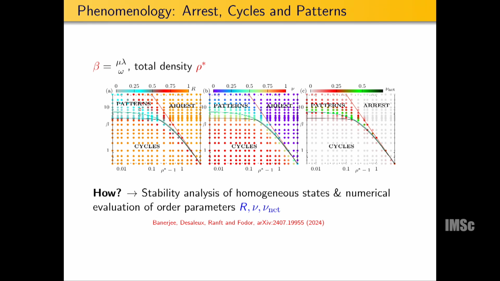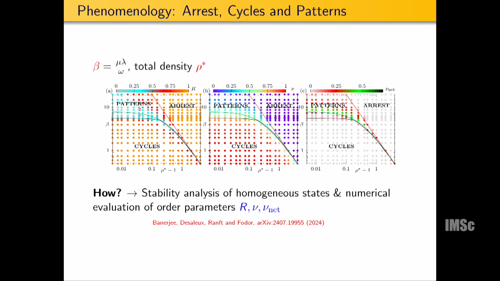Now in terms of these control parameters, I see there are three phases. One, for a given density, if you have sufficiently strong driving in the system, then you can have the states of global cycles. Global cycle means all the cells are doing this oscillation in a synchronized manner. So they are all contracting and shrinking together.